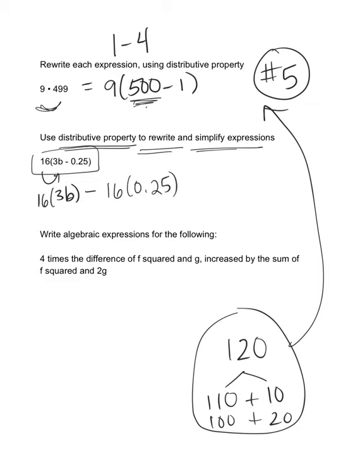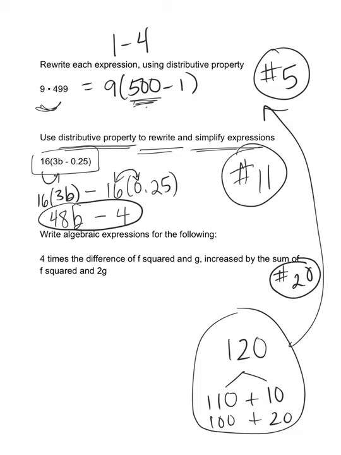Now I'm going to simplify. I can multiply 16 times 3 and just bring my b down, and then multiply these two and get 4. Now can I simplify 48b minus 4 anymore?